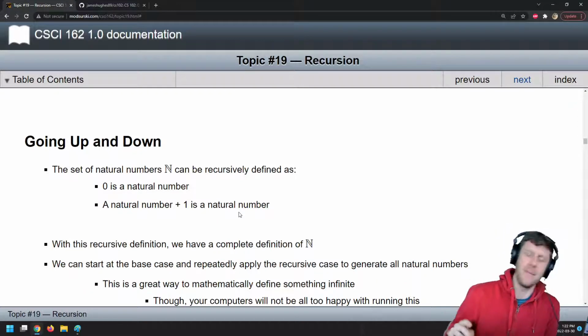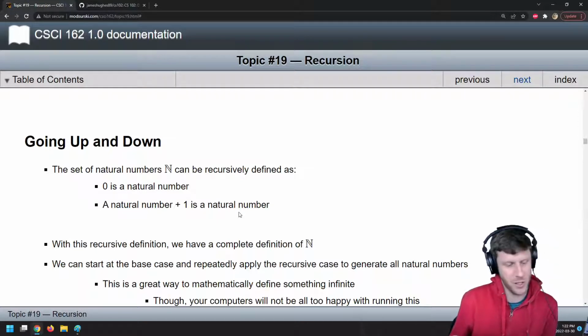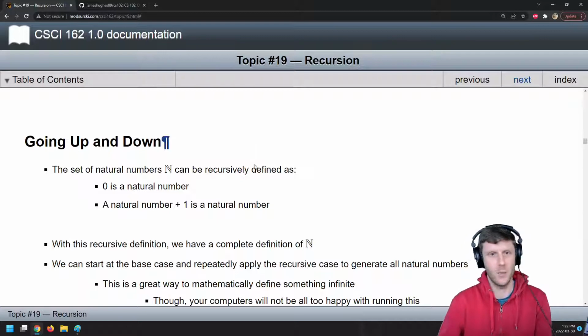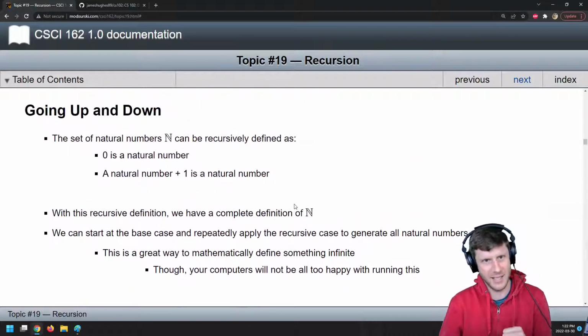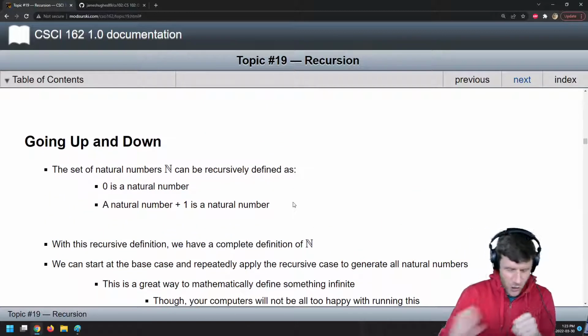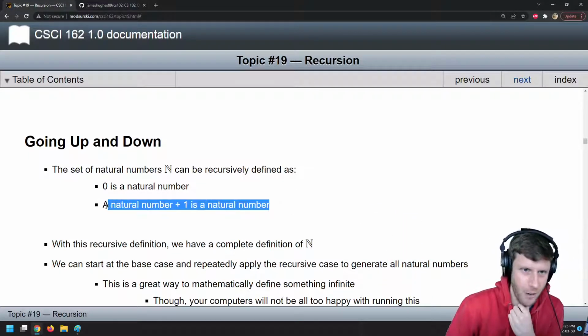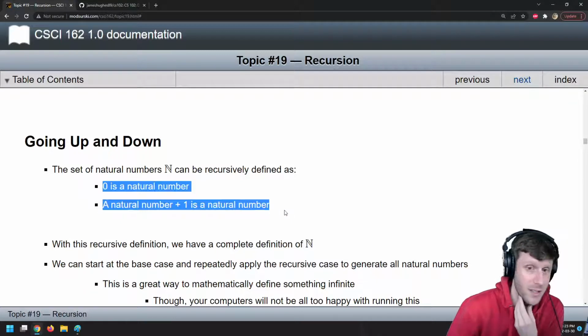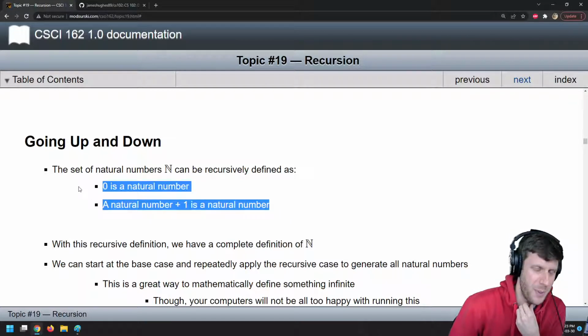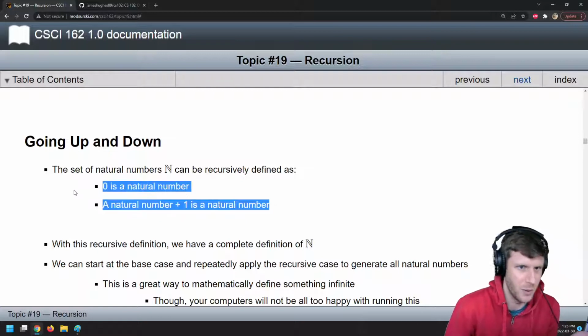But it's kind of neat because sometimes with recursion, we can start at the beginning and just grow. Because if I were to make this in code to print out all the natural numbers, this would be an infinite loop, right?